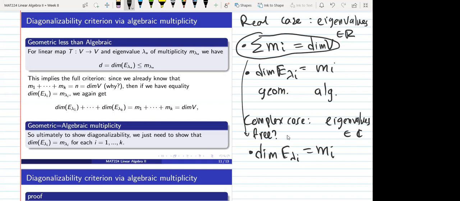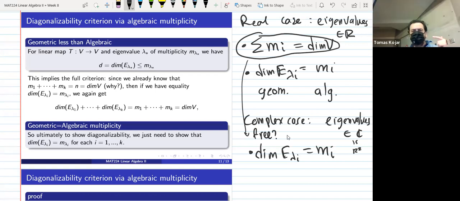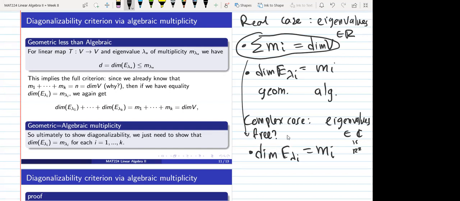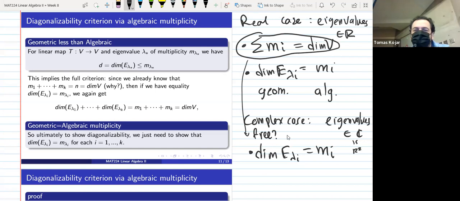I thought maybe because C behaves kind of like R2, it's isomorphic, so maybe that's why you get the complex case just from the real case. No, it's the other way around. My question was not clear.